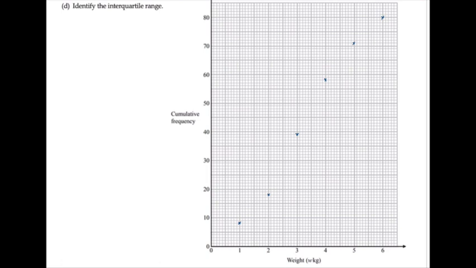When we connect these, what we want to try to do is connect them as a curve. So I'm going to start at the upper. I'm going to be as neat as I can with this. I'm going to include one more point. If we had 0 cats, that means that they were going to weigh 0 kilograms.